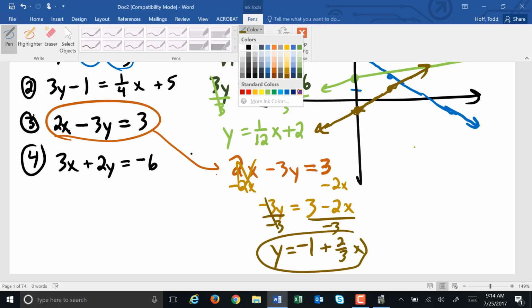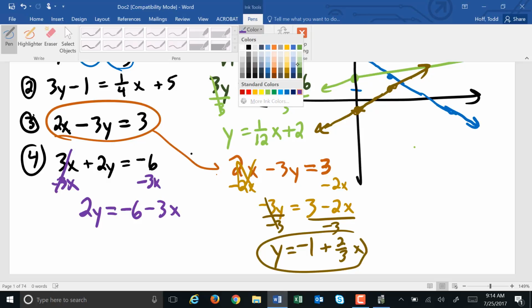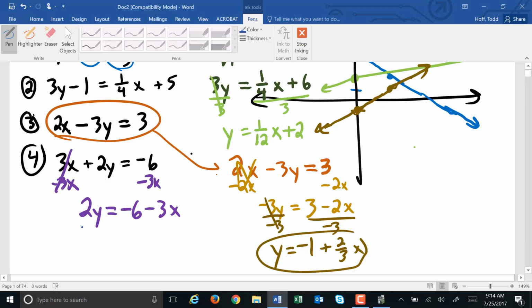And finally, number 4. Where do we start? We're going to subtract the 3x. So we've got 2y equals negative 6 minus 3x. And then divide by 2.